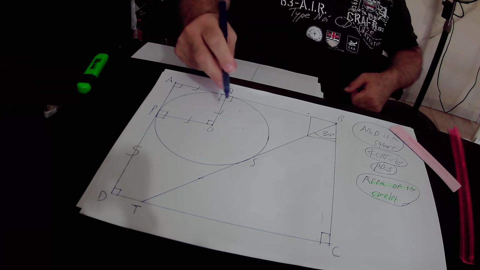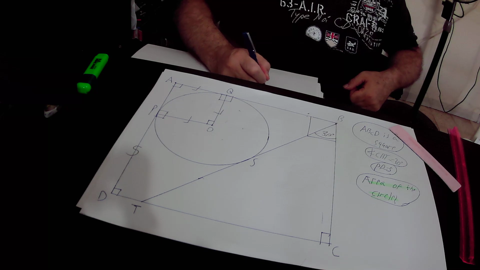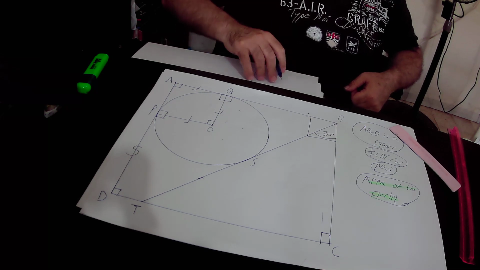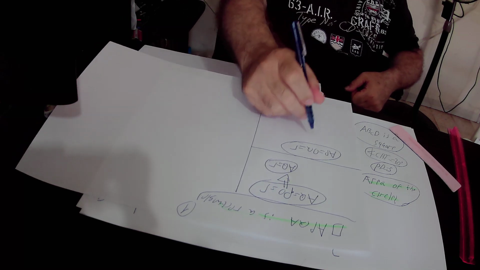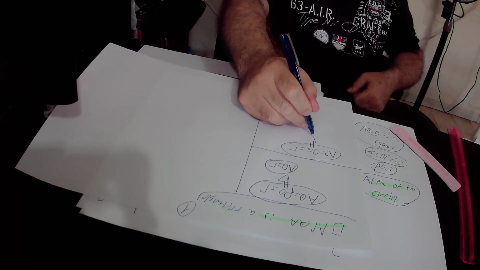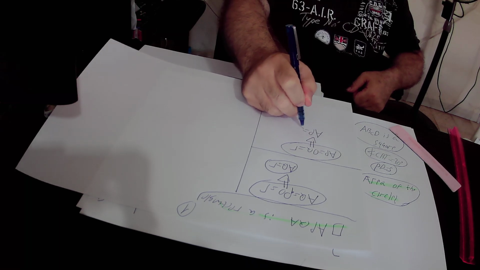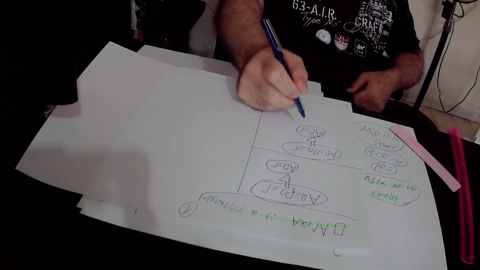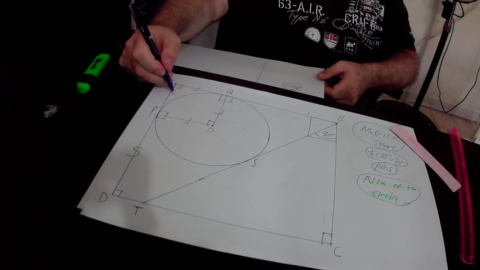But OQ equals R, according to what we already found out, it is the radius of the circle. And from this equation, AP equals OQ equals R, we derive that AP is also equal to R.